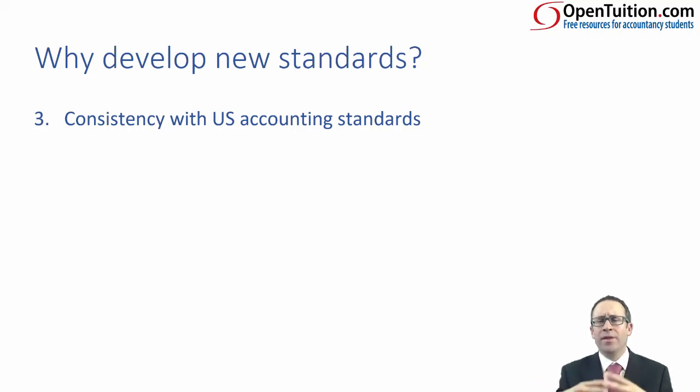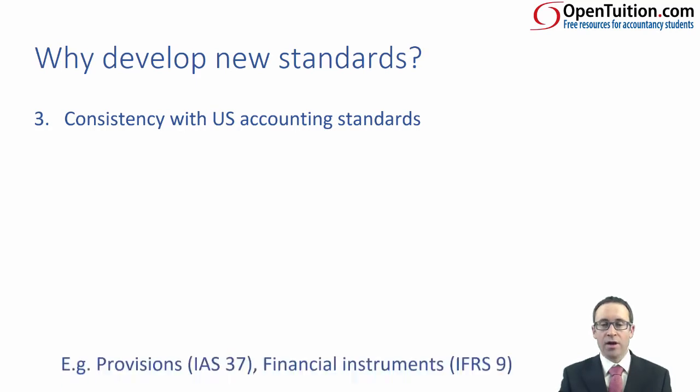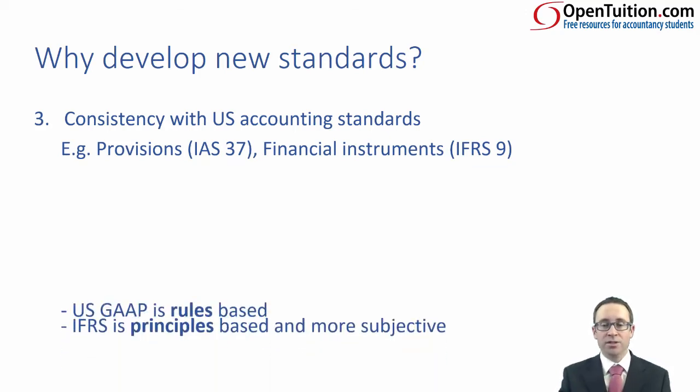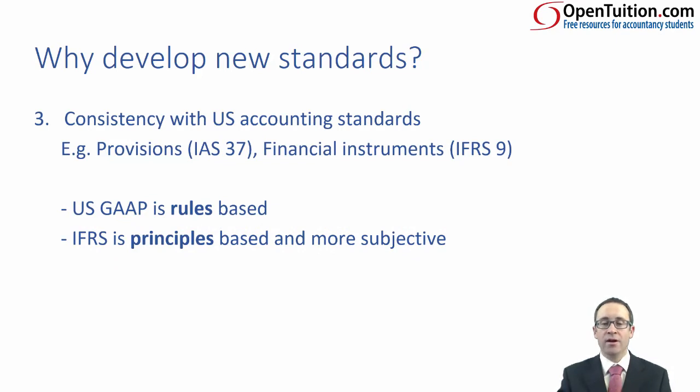And if they're not adopting these international standards, then what's the point? Okay. So examples are provisions and financial instruments. And the reason why they've been updated or amended with regards to provisions is that US standards are very much rules based, so very factual, because America is a very litigious culture, isn't it? So if there are rules and the user of the accounts can see that those rules have been broken, then you can be sued.